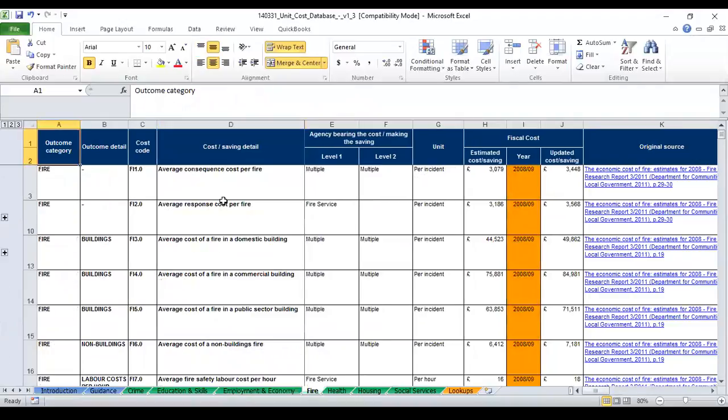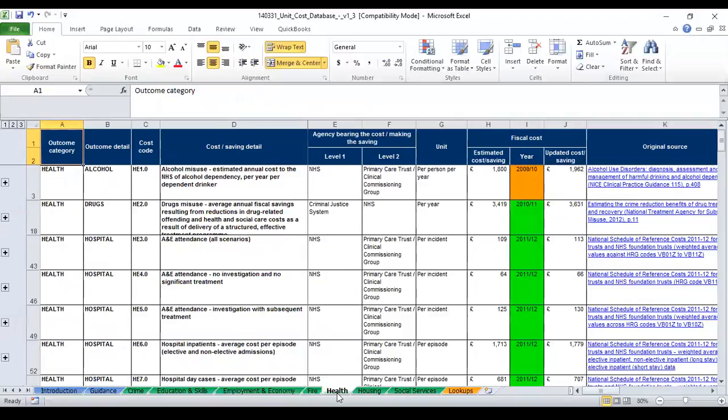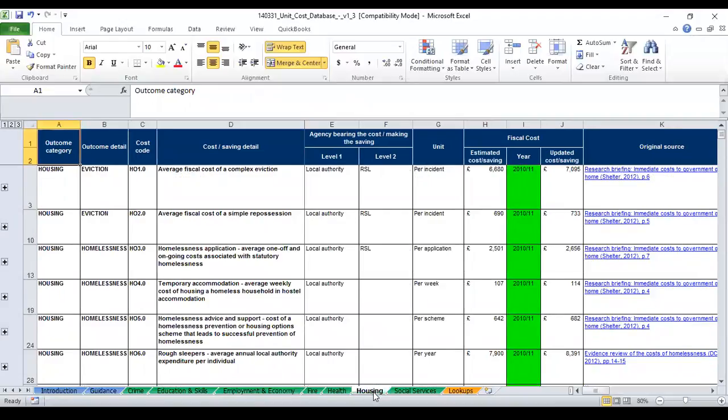There's some around fires, which would be relevant obviously primarily for fire services or people that are working to prevent arson and different things. Then you've got health ones around drugs, alcohol, people attending hospital. You've got ones around housing.